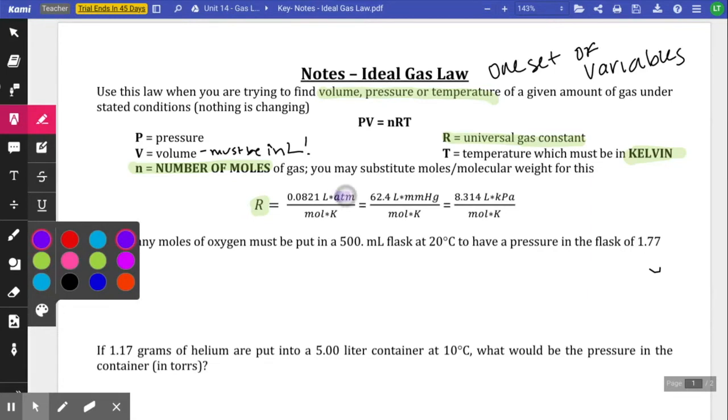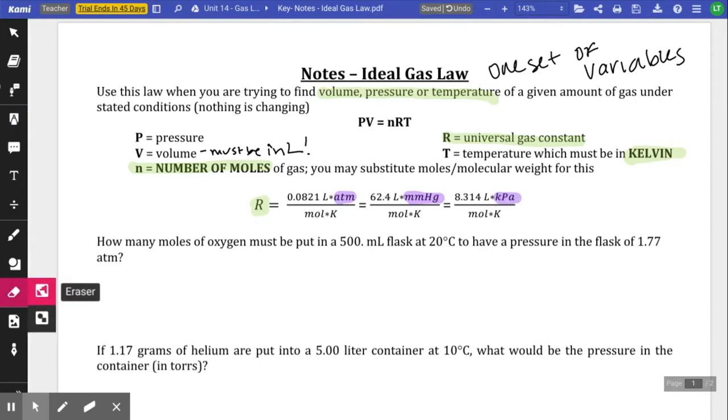In our first one, it's liters times atmospheres. So if we're in atmospheres, that's the R value we would use. Next one is liters times millimeters of mercury. So if we're in millimeters of mercury or torr, on the same scale, that's the one we would use. And then finally, our last one is for kilopascals. So those are going to be the three R values.